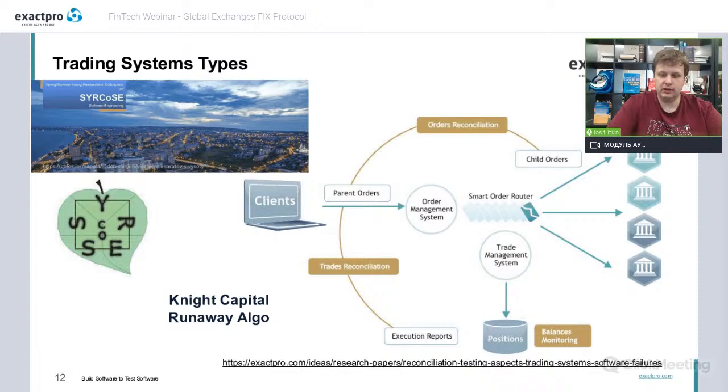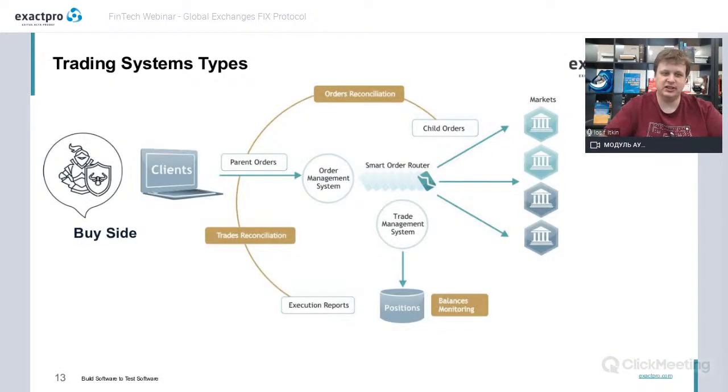I took the liberty to take a diagram from there. Here it is. So we have three types of systems present on the slide. We have buy side clients. They are submitting their orders into the system.